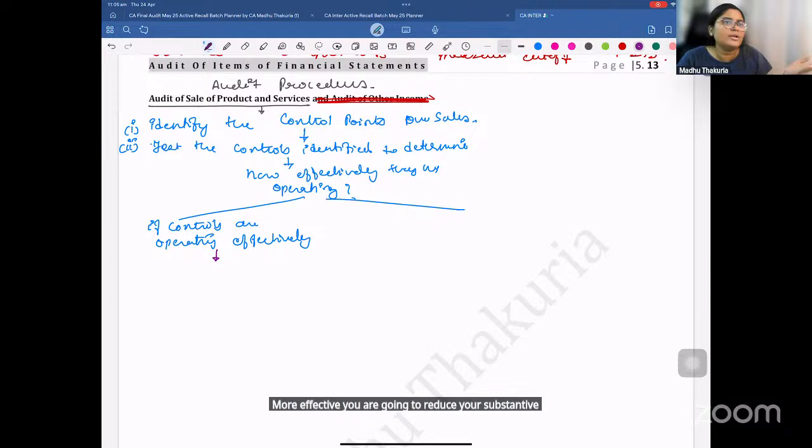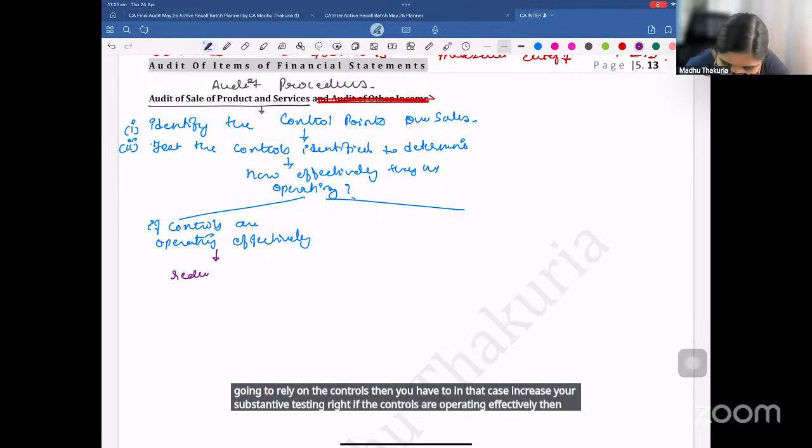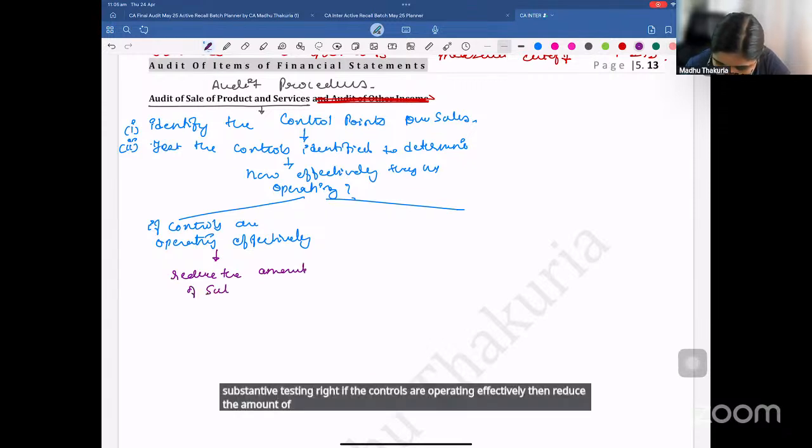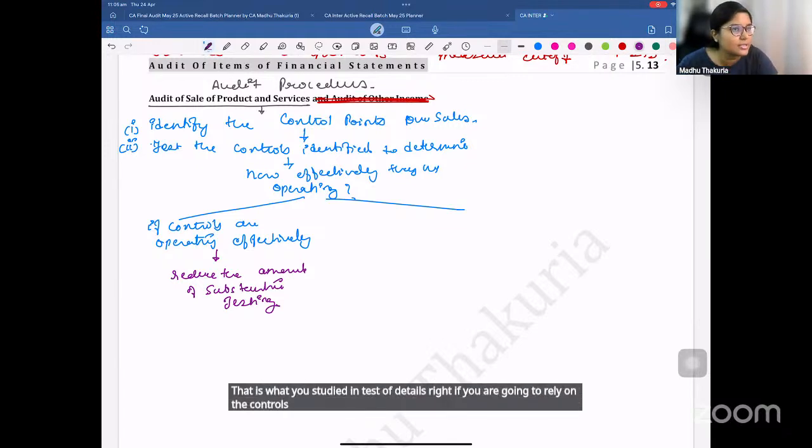If you are not going to rely on the controls, then in that case you have to increase your substantive testing. That is what you studied in test of details. If you are going to rely on the controls, then you reduce the sample size. If you are not going to rely on controls, you will have to increase the sample size.